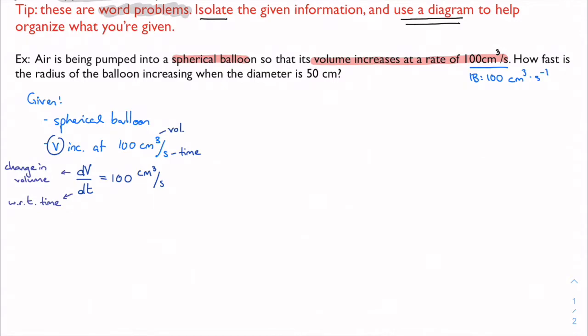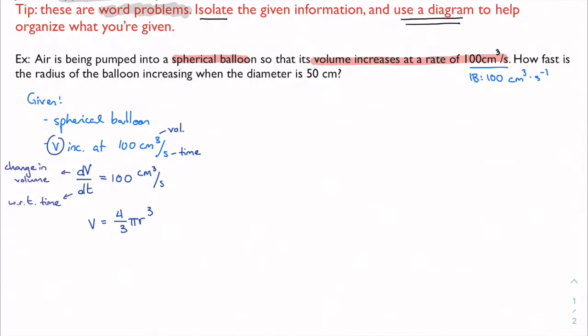Well, the other thing we know is that the volume of a sphere is 4/3 pi r cubed. So both of these may come in handy. We don't know yet if they're going to help for sure, but it's important to look at it just in case. It's better to have it on the paper and not use it than not have it on the paper and then realize you need it later on.